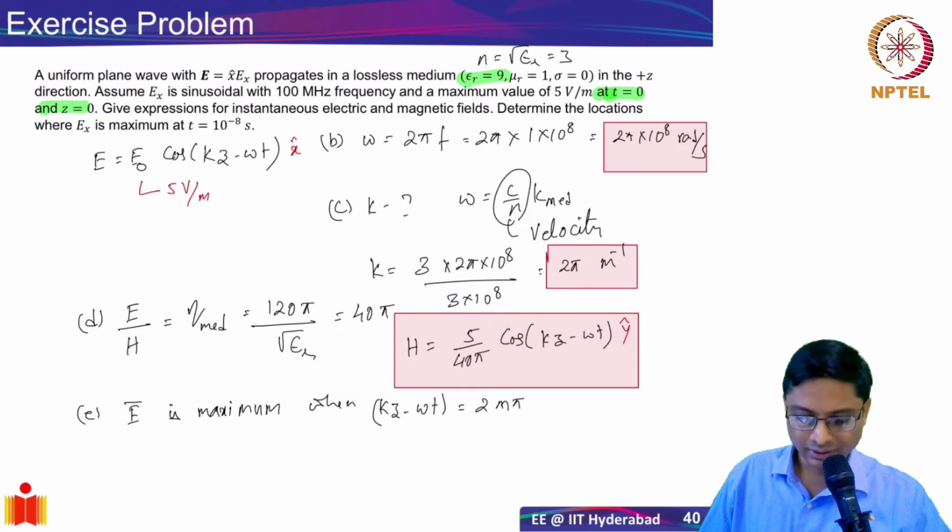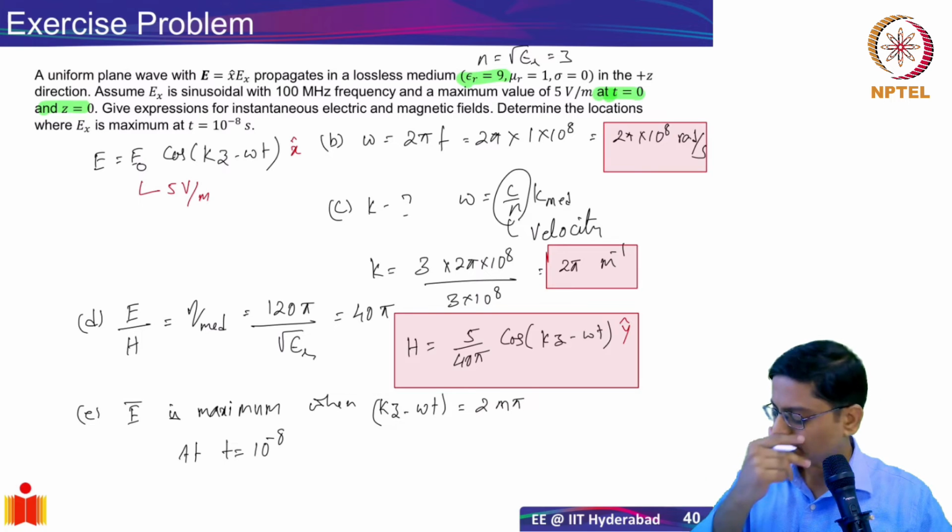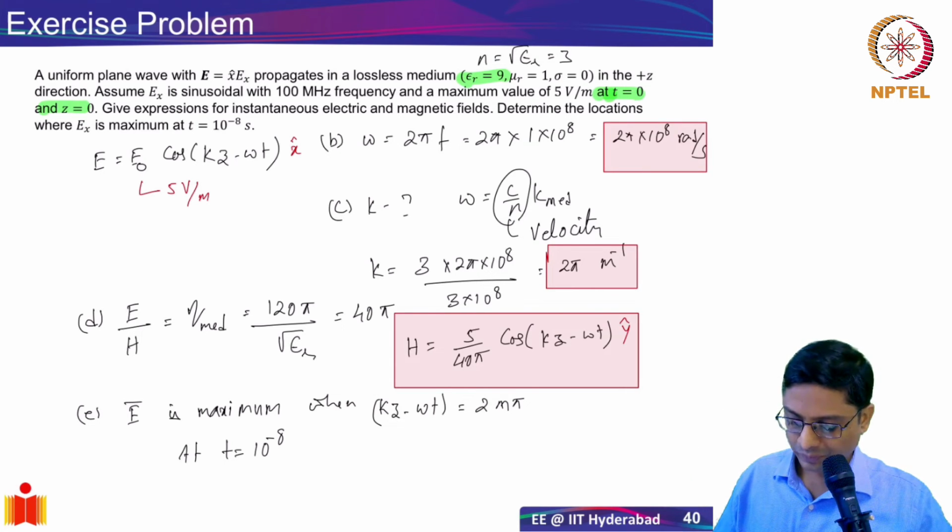Now my time is 10 power minus 8, at t equal to 10 power minus 8. Let's substitute the k and the omega. My k is simply 2 pi over 3, so 2 pi over 3 into z, minus omega, which is 2 pi into 10 power 8, into time, which is 10 power minus 8 given to us.